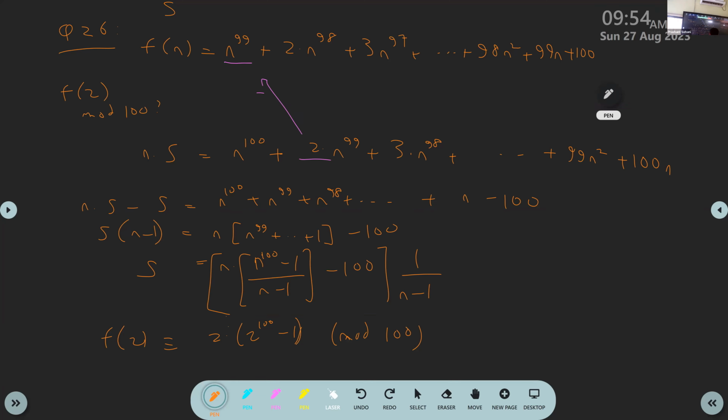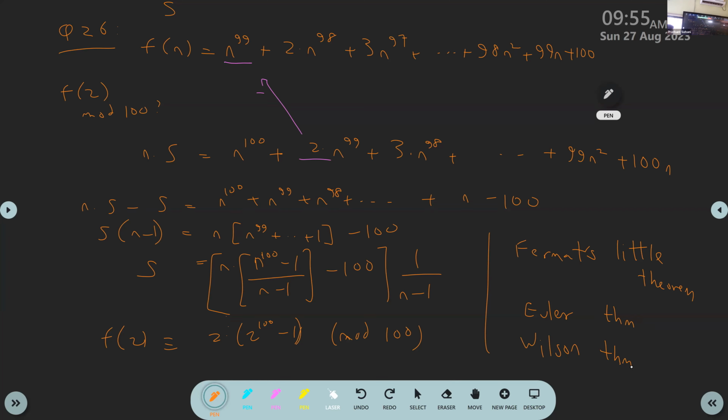So if you don't know this, just look up Fermat's little theorem and Euler's theorem. So although we have not done number theory, I think these are basic things that if you know, then you can solve a question like this.